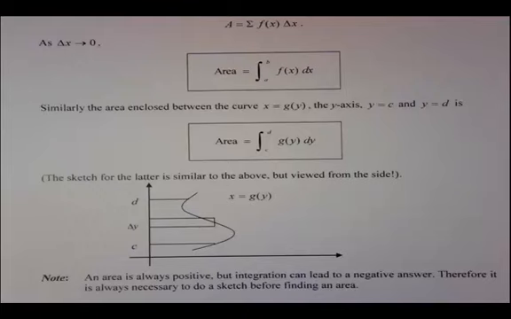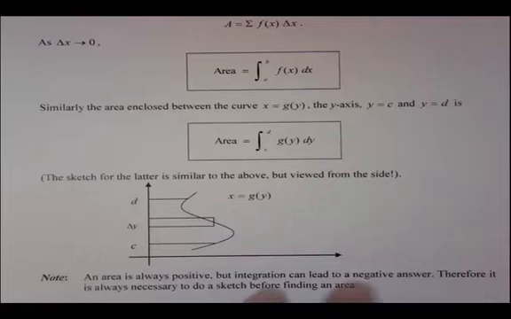If you get minus 10 as your answer there, you know that 10 is the right value, but an area is positive, so you change the minus 10 to a positive 10. So, though integration can lead to a negative answer, your area is always positive. If you've got a negative number because you're doing something below the x-axis, just change it to positive.